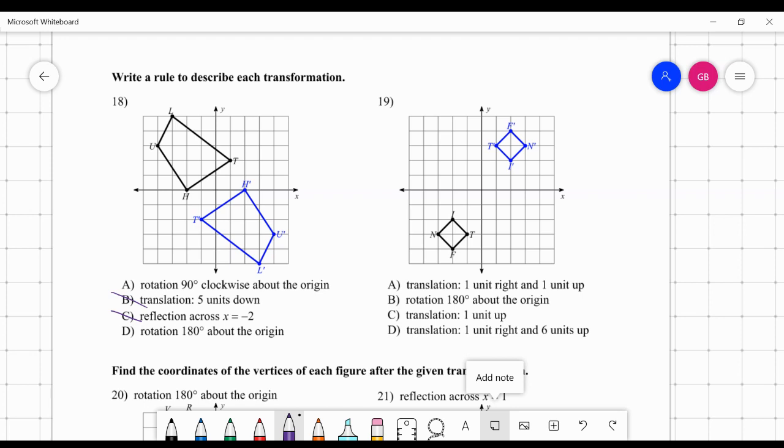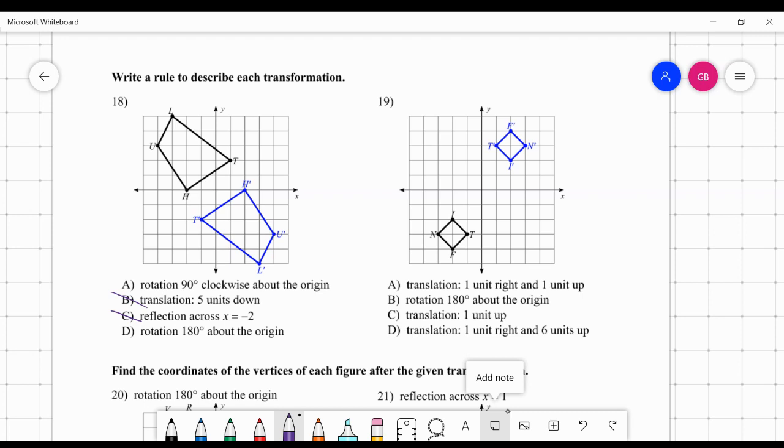Now let's check if it's either a rotation of 90 degrees or 180 degrees. So it is a rotation. One quick way to check if it's 180 degrees is if each point moves 2 quadrants over.